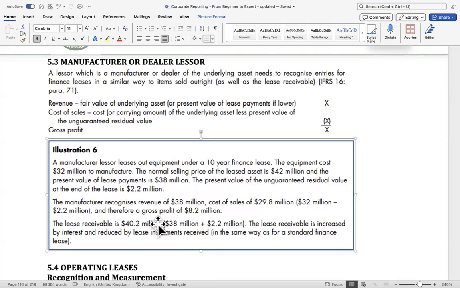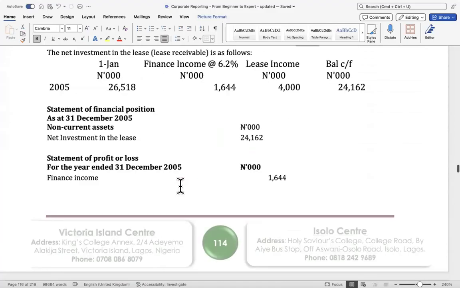And that gives us 40.2 million. So that would be what we recognize at the commencement date. And at the end of each year, we will increase it by interest and decrease it by lease rentals. Okay, so that is it around finance.